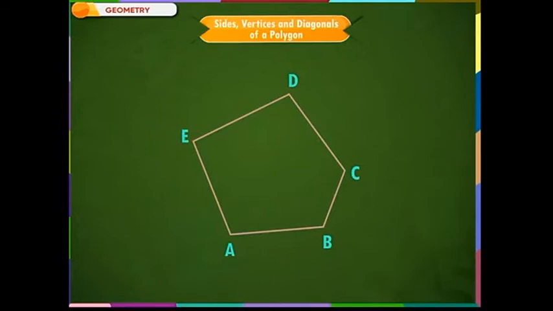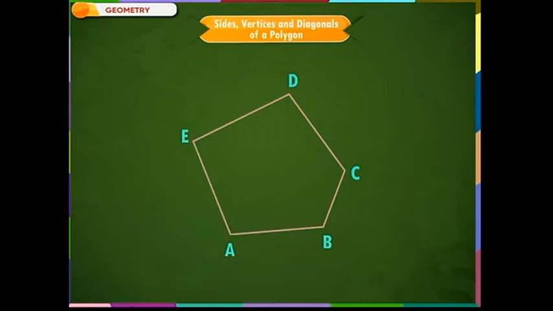Any 2 sides with a common endpoint are called the adjacent sides of the polygon. The pairs of adjacent sides are AB and BC, BC and CD, CD and DE, DE and EA, EA and AB. The endpoints of the same side of a polygon are called adjacent vertices.